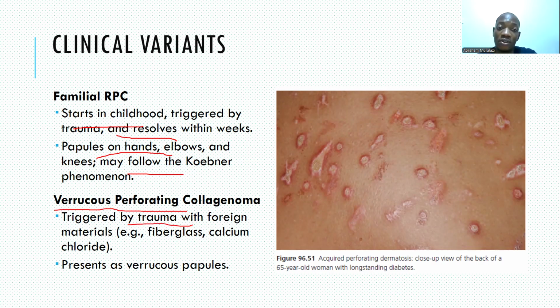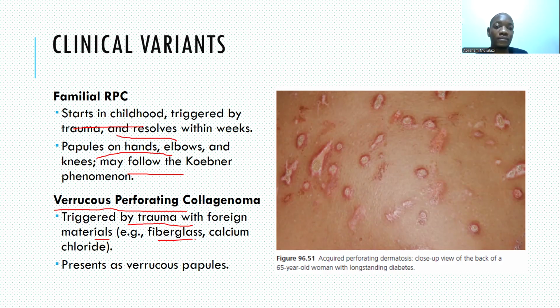In this case, it is also triggered by trauma with foreign material, especially if someone is working in industries with fiberglass or even calcium chloride. In this case, the body is trying to eliminate the fiberglass, those tiny particles. You know, fiberglass is used as an insulator. People who work with fiberglass, because it's an inert substance, can end up with fiberglass dermatitis, which can later give you the verrucous perforating collagenoma.